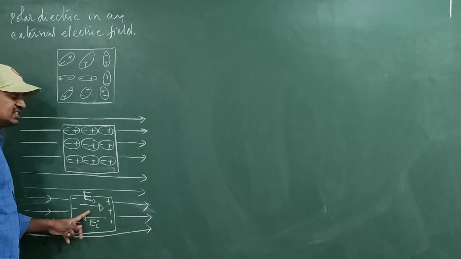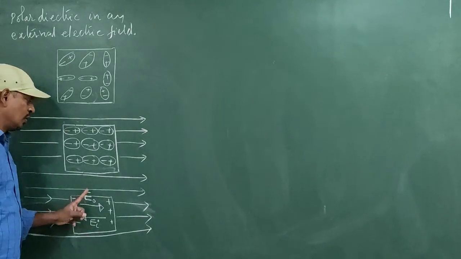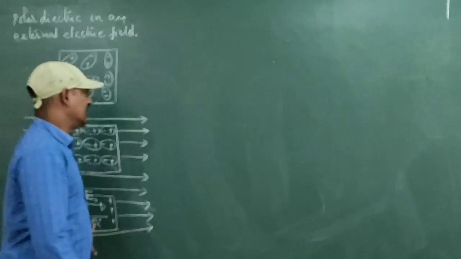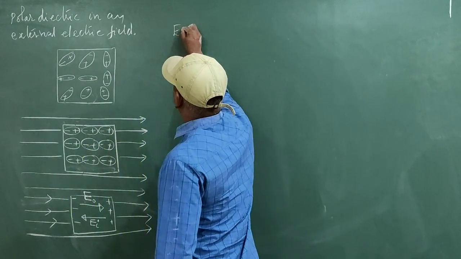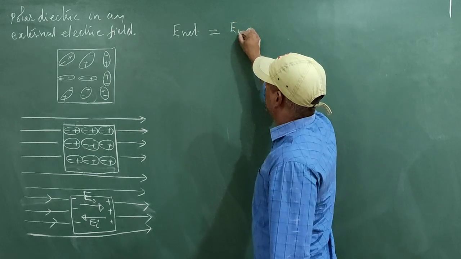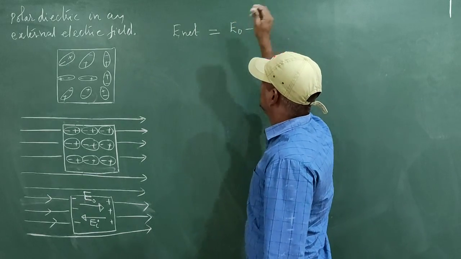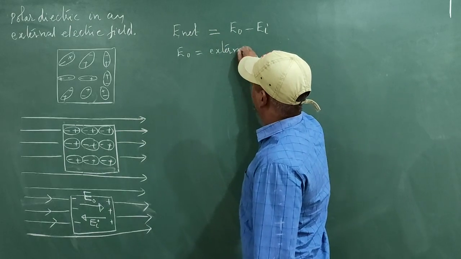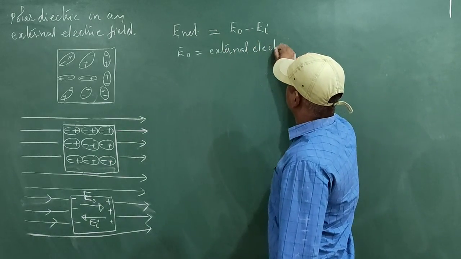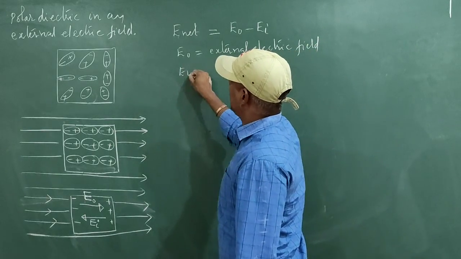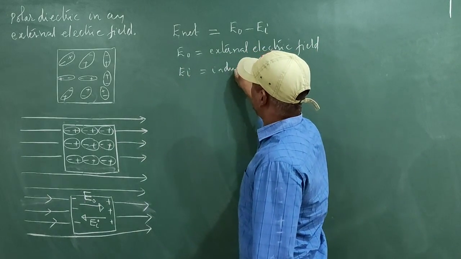So inside the slab there are two electric fields. What are they? The external electric field and the induced electric field. So what is the net electric field inside the polar dielectric? E naught minus Ei. E naught is the external electric field, and Ei is the induced electric field.